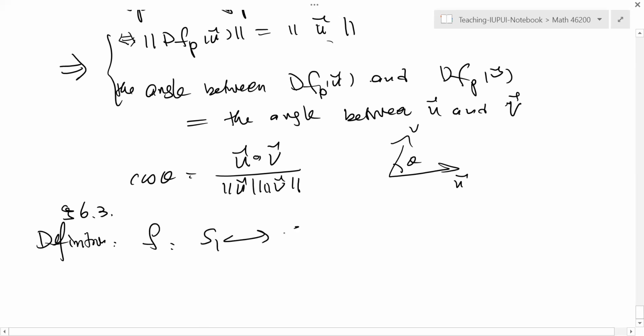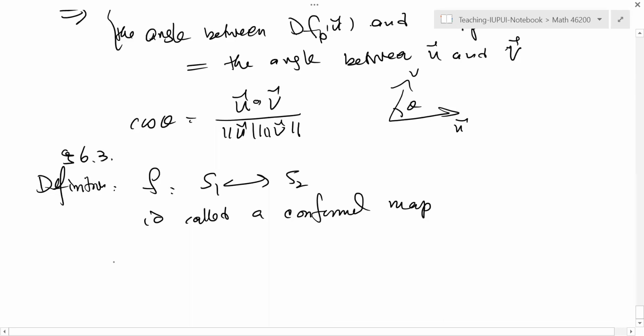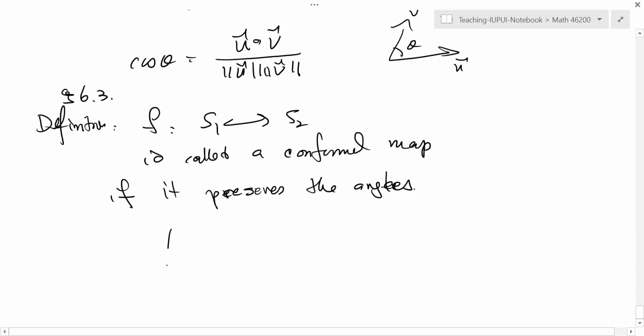A map from S1 to S2 is called a conformal map, or conformal mapping, if it preserves the angles.